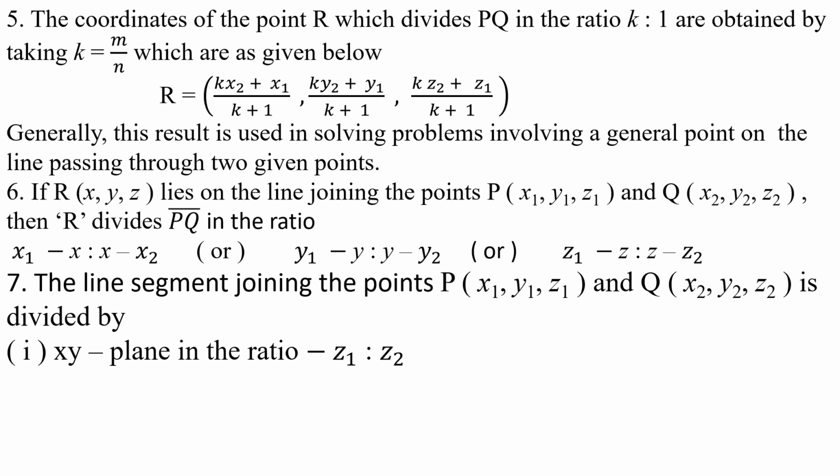Okay, my children, here 2 points will be given in the space. So we can join these 2 points and we get a line segment PQ. In such case, the xy plane divides this line segment PQ in the ratio minus z1 is to z2. So by using this formula, we can find the ratio in which the xy plane divides the line segment PQ. Understood this point, my dear children? Right.